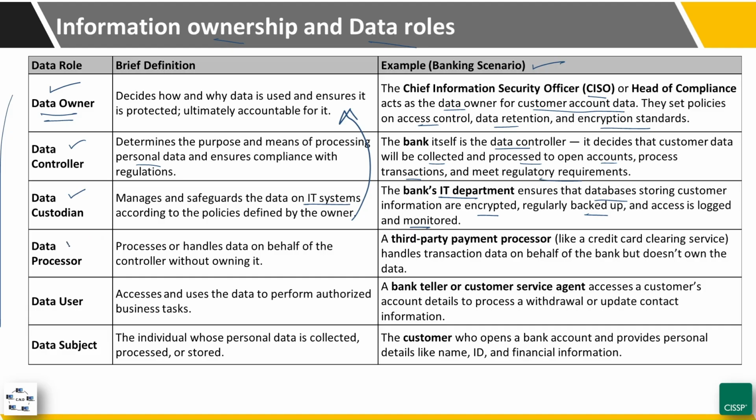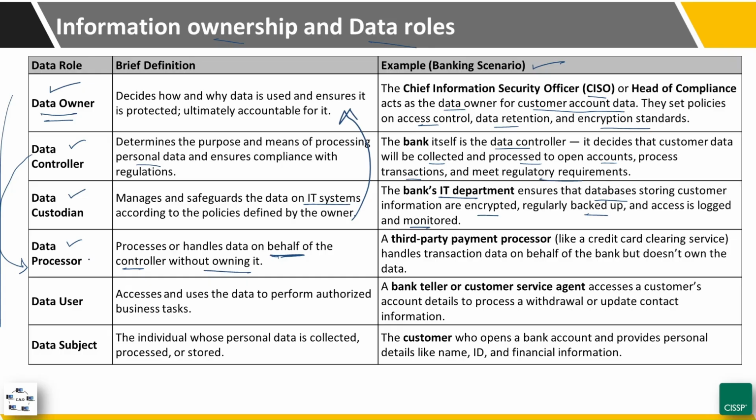Next one is the data processor. So a data processor basically processes or handles data on behalf of the controller without owning it. The data controller is basically responsible for processing the personal data, but the data controller can also outsource the data to the data processor, and then the processor processes or handles data on behalf of the data controller without owning it.